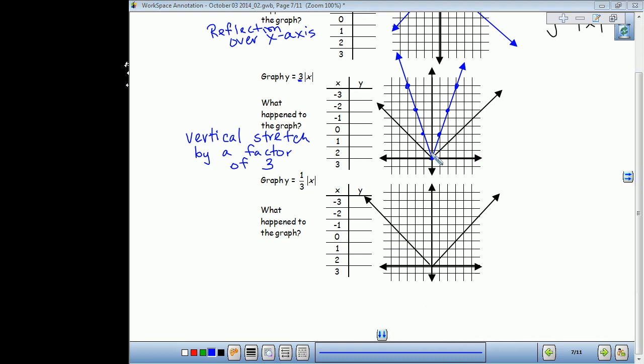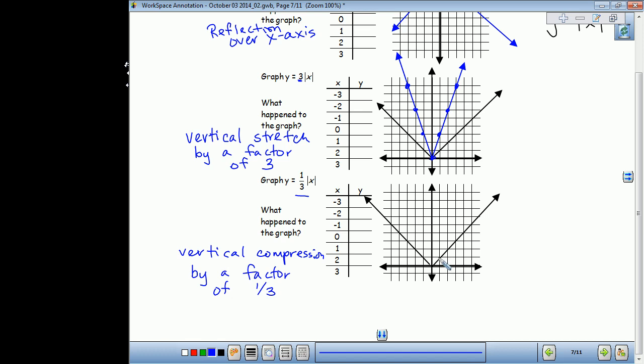So, on this one, the last one, it's got a 1/3, so it is a vertical compression. Now some of these are hard to do.